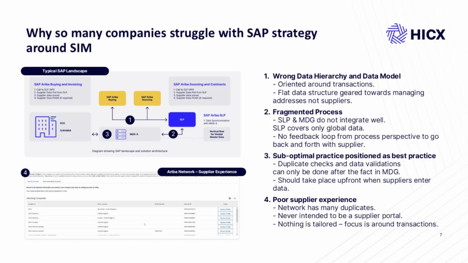But sticking with the SAP landscape for a moment, we've highlighted those areas in which challenges or limitations often arise. Taking the first one, the data as it relates to SAP Ariba and SLP, one of the biggest challenges when working with SAP is that SAP is based on a flat model. If you're not familiar with what that is, it means that every record in SAP is essentially a supplier address or location.